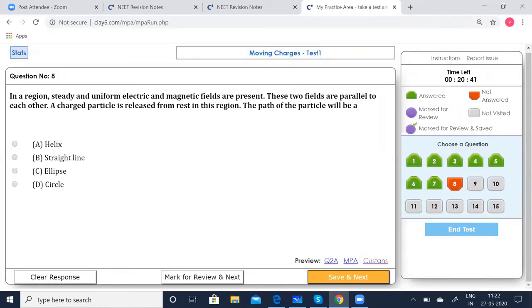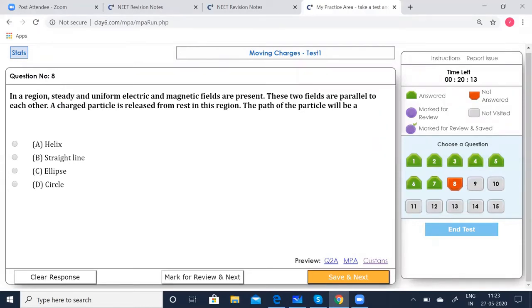All right. Even though it seems to be a conceptual or theoretical question, let us quickly go through the concepts. Now, E and B are going to be along the x-axis. They are parallel to each other. When a charged particle is released from rest, it will experience an electric force.